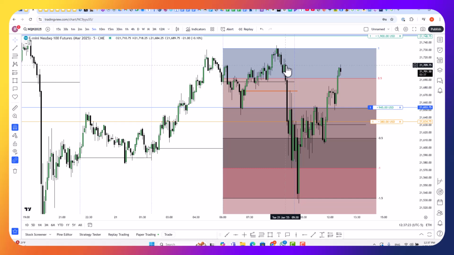So this is 930. 925 was the entry, the return to the fair value gap right here. That was the return.